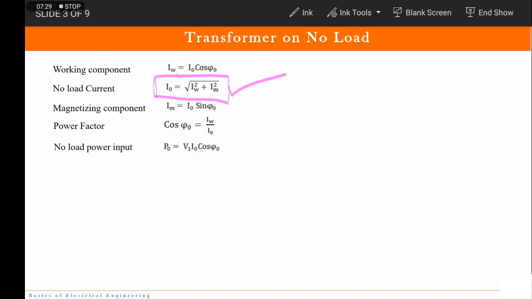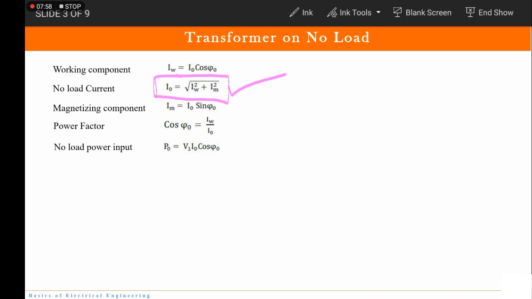See, in the beginning we discussed that since the current is very small, the copper loss component will be very small. So whatever power input is developed is approximately equal to the iron loss component. I'll repeat, the copper loss component is negligible because the current is very small and copper loss depends on the current.